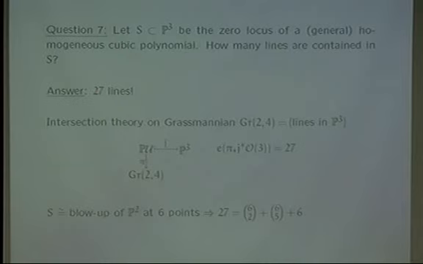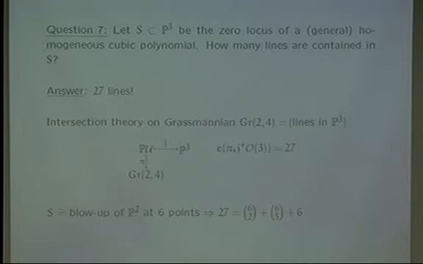Okay. So there are several solutions to this problem. The solution I like is the intersection theory solution. First of all, you think about all possible lines in P3. Forget about S, just P3. Then the set of lines in P3 is parameterized by something called the Grassmannian, Gr(2,4), two-dimensional subspaces in C4.